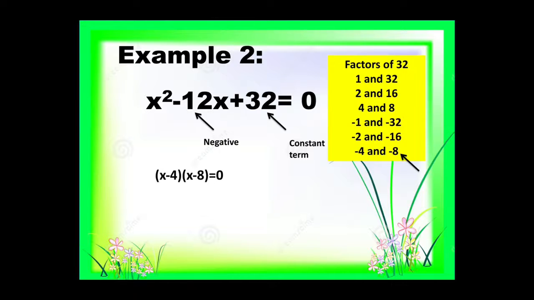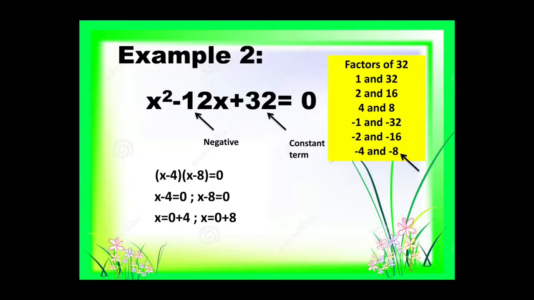So we will be having the quantity of x minus 4 times the quantity of x minus 8 is equal to 0. We need to equate the two factors to 0. So we have x minus 4 is equal to 0, and the other one is x minus 8 is equal to 0.